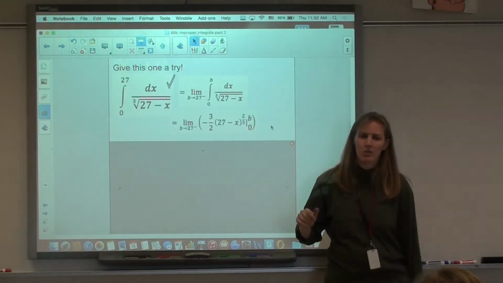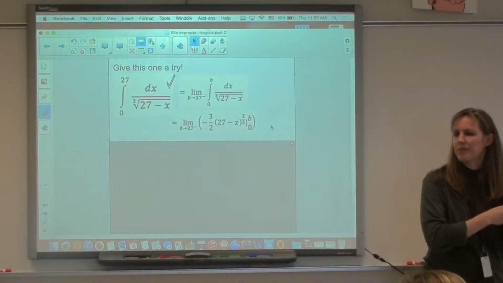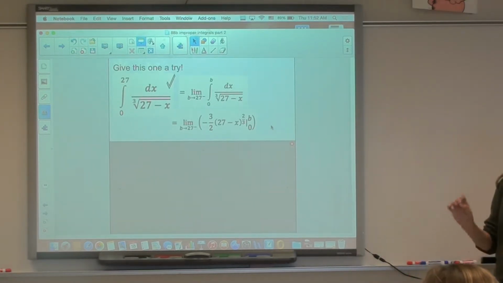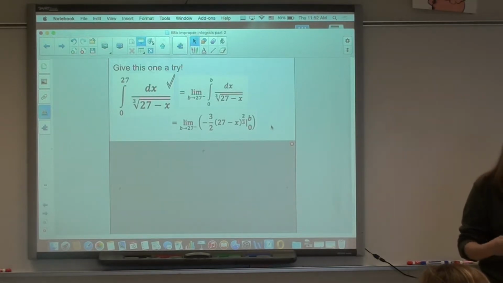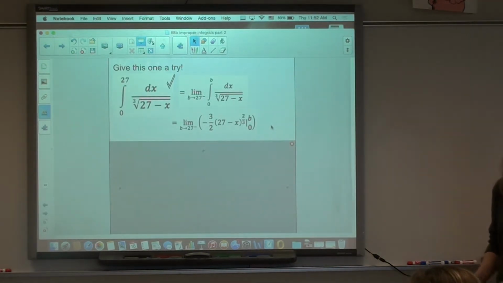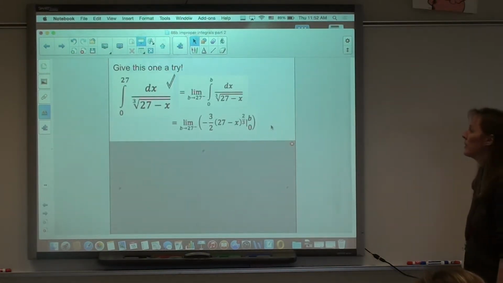Did you get the right antiderivative? Be very careful with your negatives. There's a lot of negatives and double negatives and triple negatives in these problems. Those negatives will get you.